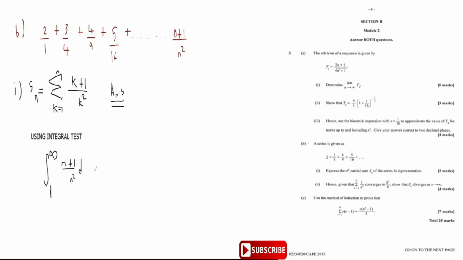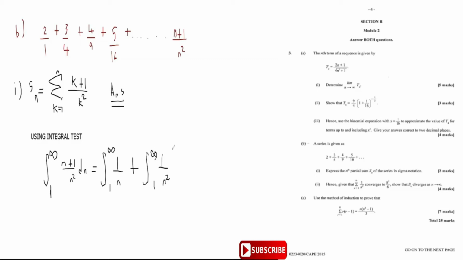Now, if we're integrating this, we can separate it as the integral from 1 to infinity of n over n squared, which is just 1 over n, plus the integral from 1 to infinity of 1 over n squared.